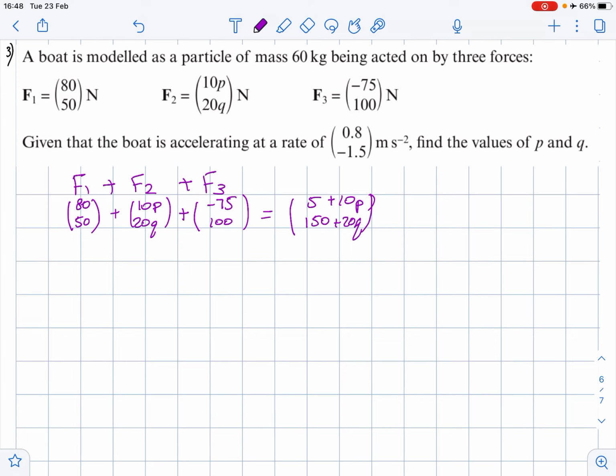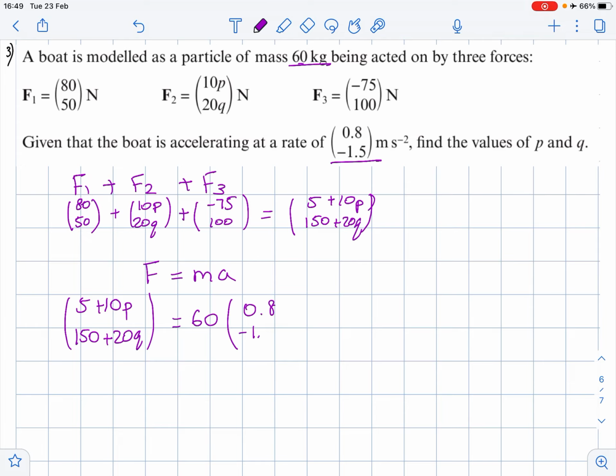Given that the boat is accelerating at the rate of (0.8, minus 1.5), find the value of p and q. Again, we're going to use our formula, F equals ma. We know the resultant force is (5 plus 10p, 150 plus 20q), which equals the mass, 60, multiplied by the acceleration, (0.8, minus 1.5).